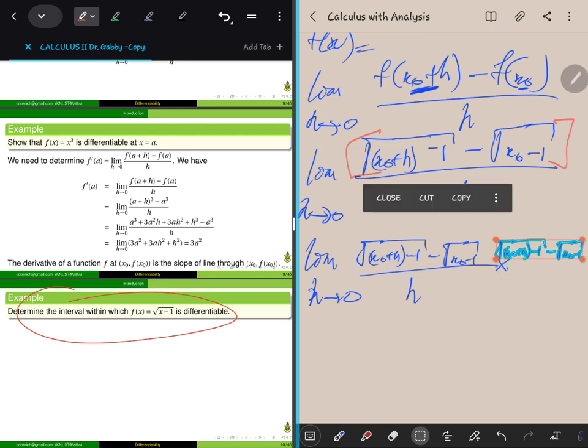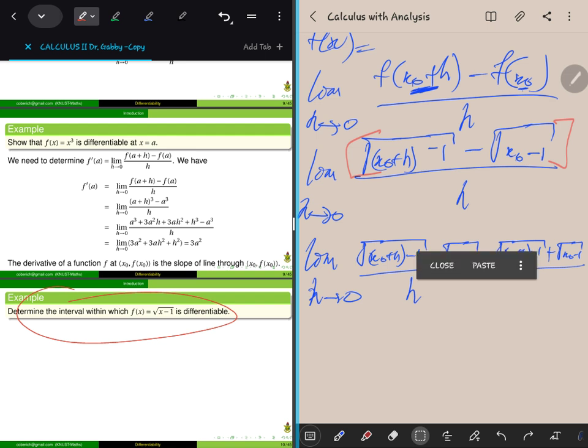We are using the opposite, so positive. Yeah, so this will happen. We're now getting this squared minus this squared, right? So here will be, then again, the limit as h approaches 0.